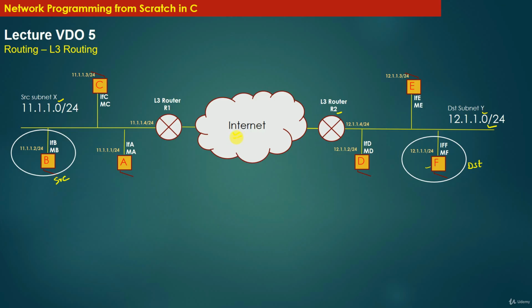So internet means any number of L3 routers can be there in between these two subnets, including L3 routers R1 and R2. So always assume internet as a network in which an infinite number of layer 3 routers are present.